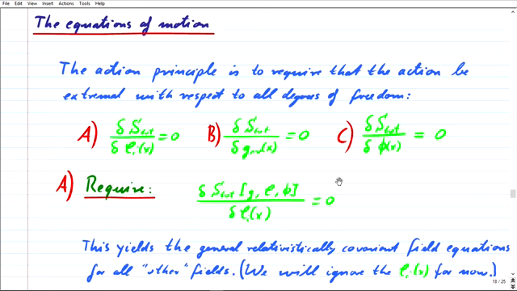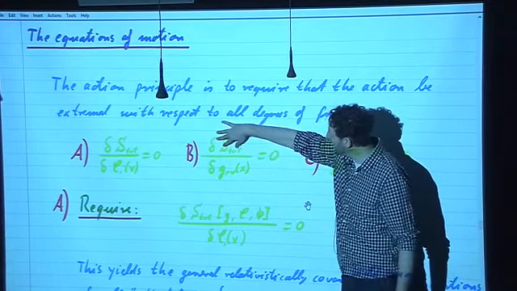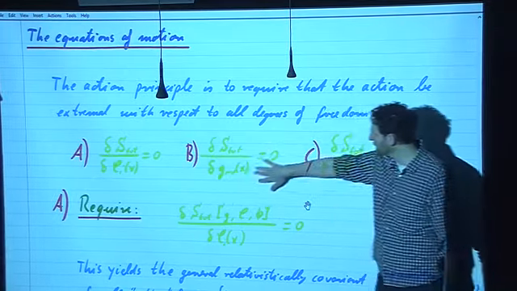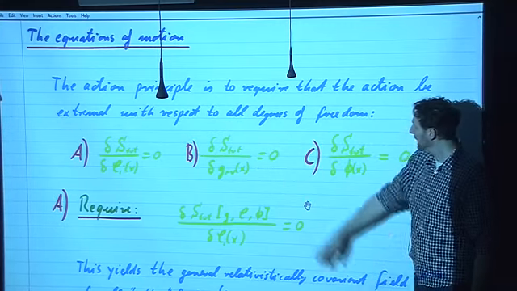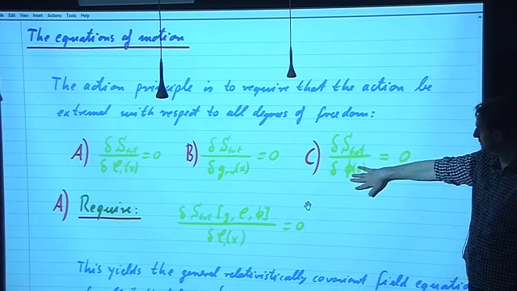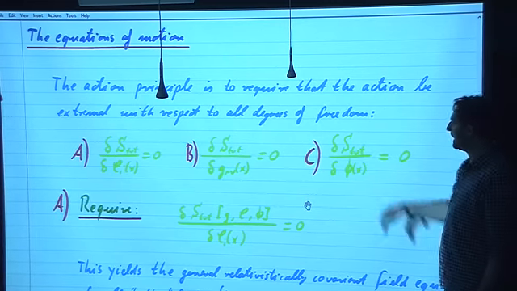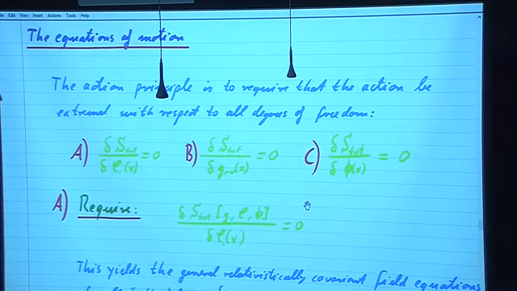If we vary the total action with respect to the other fields, then we get the classical equations of motion for them. If we vary the total action with respect to just the metric, we get the Einstein equations. And if we vary the total action with respect to the Klein-Gordon field, later the inflaton field, then we get its equation of motion.